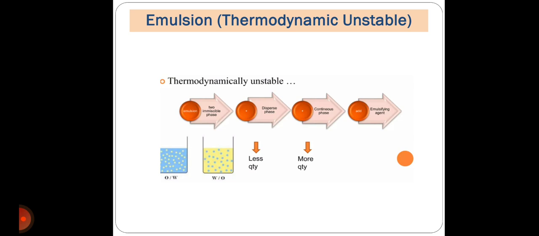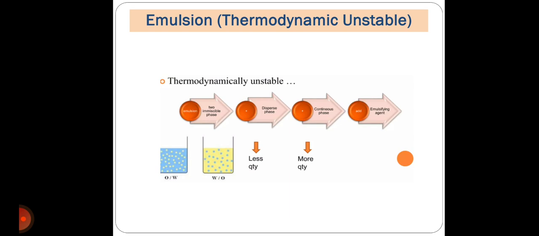First of all, for the preparation of emulsion, we select two liquids which are completely immiscible. For example, you can take oil and water, which are completely different in nature. There are many important pharmaceutical emulsions to formulate, so we have to choose liquids which are different in their chemical nature.